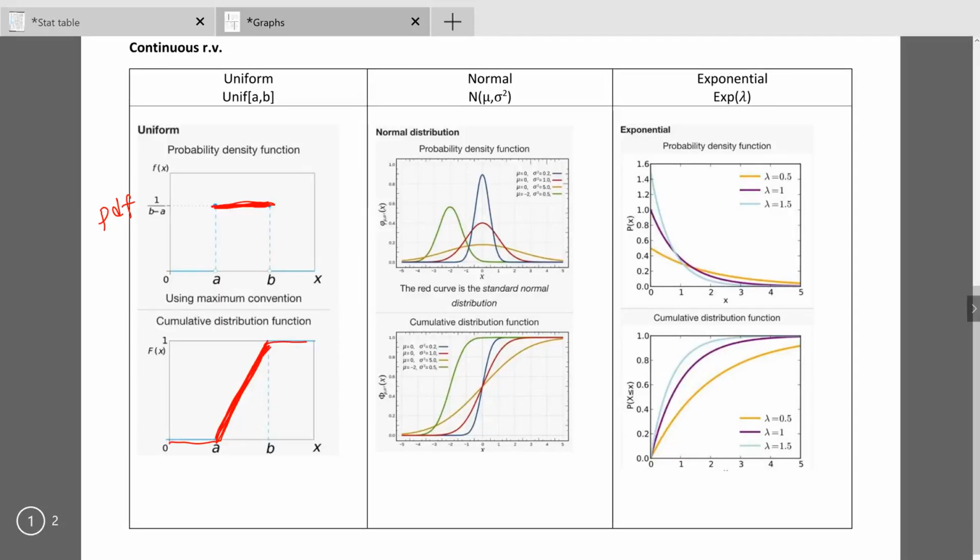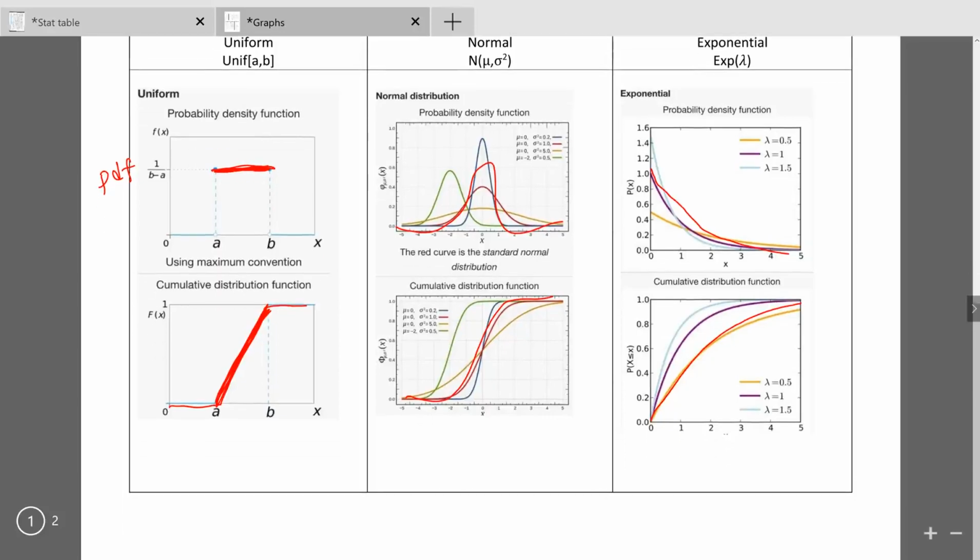And here we know the normal distribution looks like this shape, right? It's symmetric about the center. And here you can see the CDF is increasing. Here we have the PDF for the exponential distribution going down, and the CDF is also increasing.